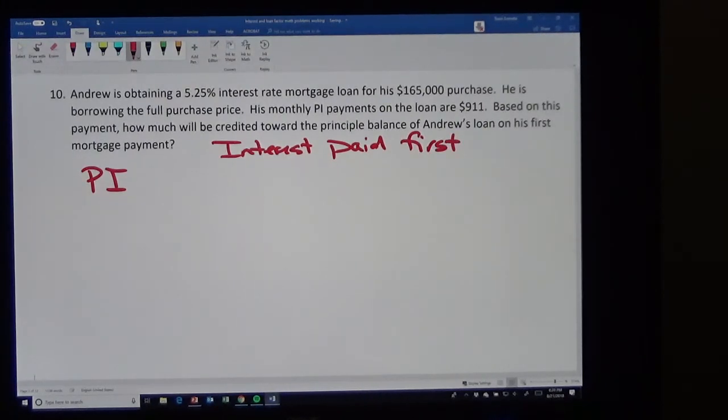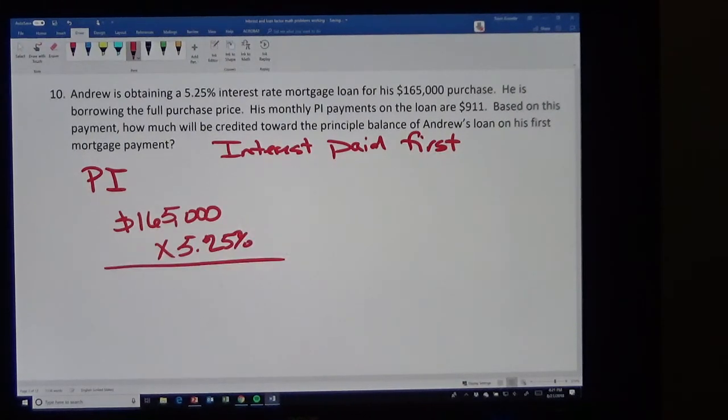So what we need to do is calculate how much of that $911 is going toward interest, because only the amount that's left over is going to go toward the principal. So let's work on calculating how much that payment goes toward interest. We've got a $165,000 loan amount, and it's at 5.25% interest.